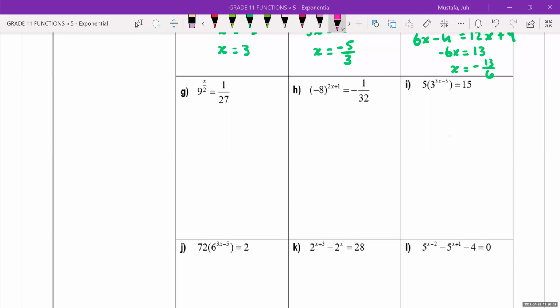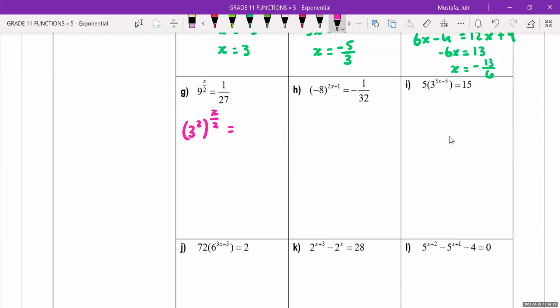So I'm going to replace the 9 with a 3 squared all to the power of x over 2. Yes, sorry, I had to think about that for a second. So this is 3 squared all to the power of x over 2. And what can I replace the 1 over 27 with?